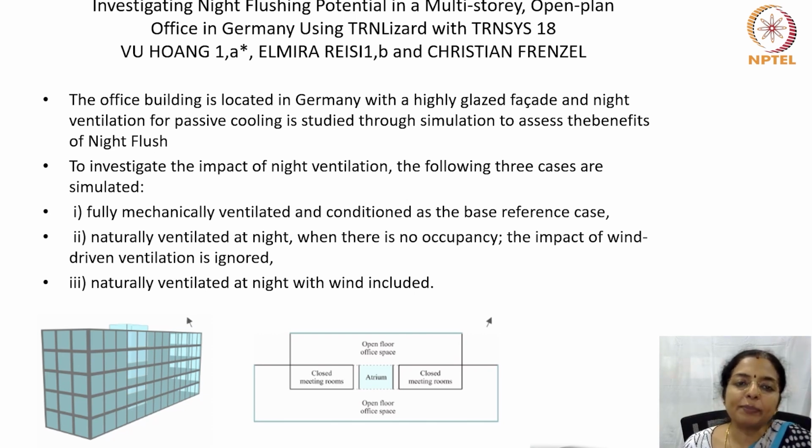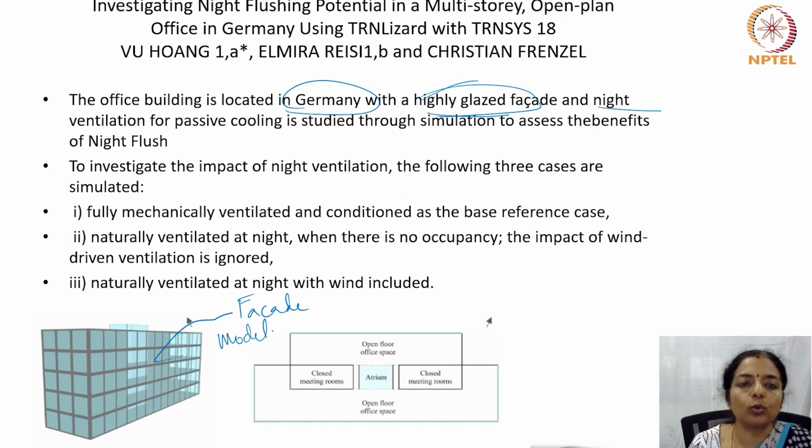This office building was assumed to be located in Germany with a high facade glazing. So this is the facade or the model of the building, on which analysis was done for night ventilation for passive cooling through simulation to assess the benefits of night flush.